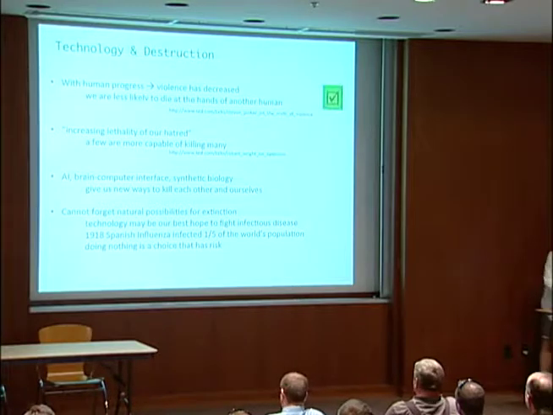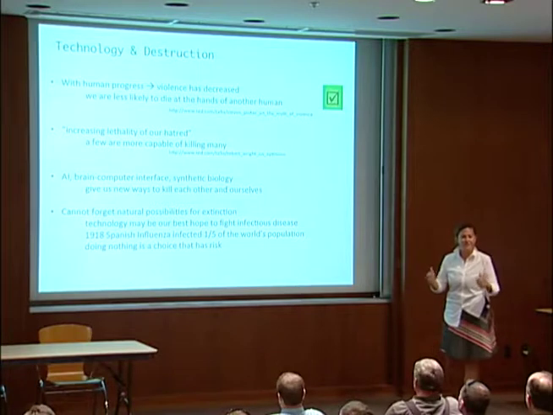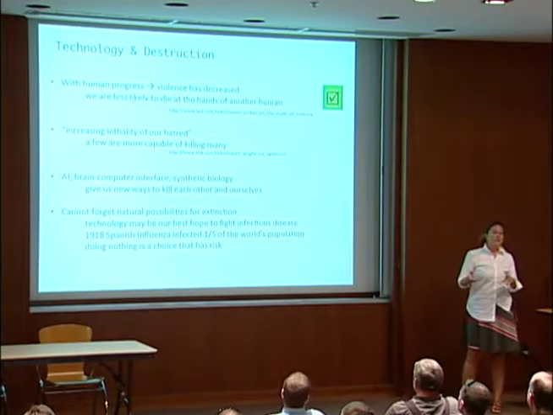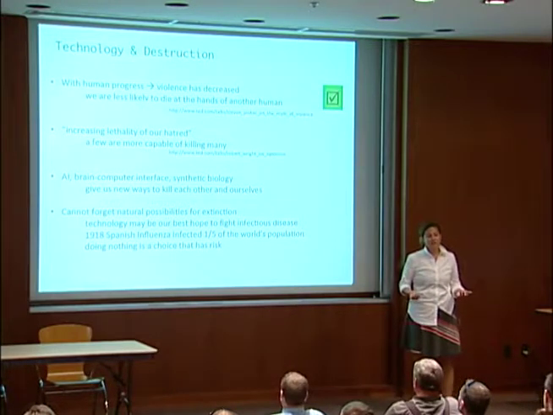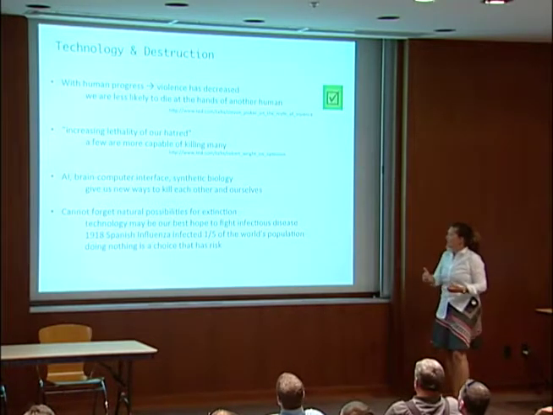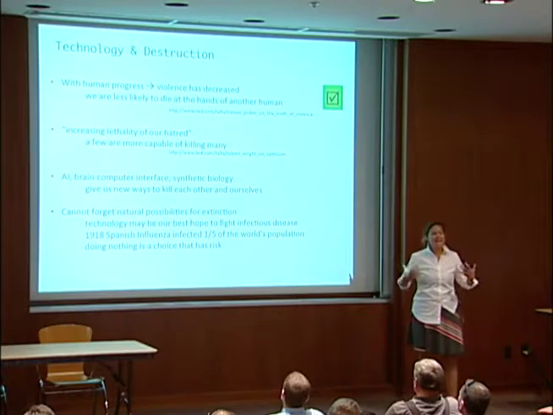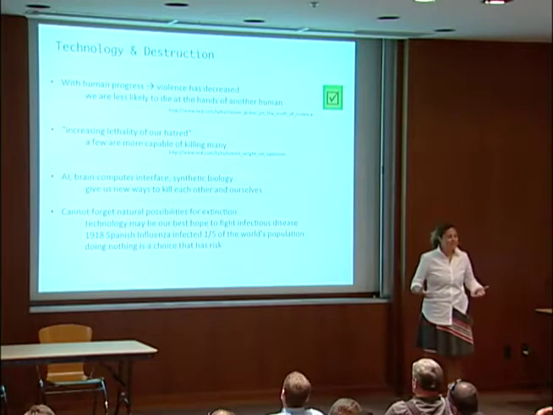So this gives us a check in the technology column, I guess, if we've got this scorecard of what we've been doing to ourselves. On the other hand, as we progress our technology, we've done what another guy, Robert Wright, calls the increasing lethality of our hatred. Technology amplifies.